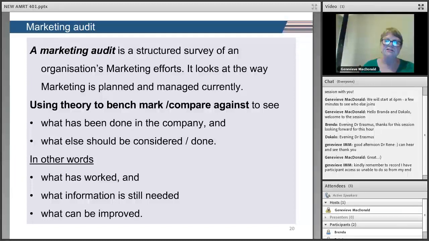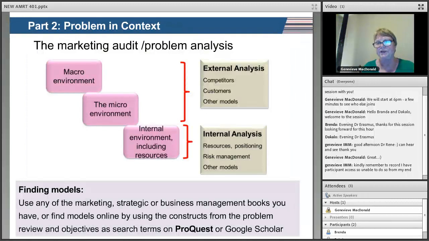It is really just taking a snapshot and saying how well are we doing on the very basics as set out in theory. Some of the models that you can look at, and please don't be constrained by these, there are so many models that you can find for all kinds of things.